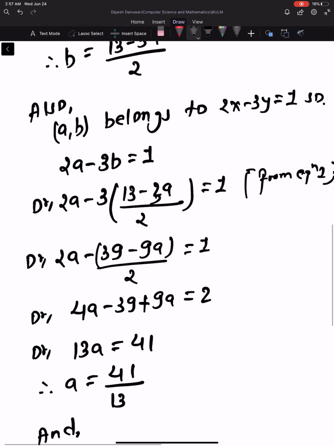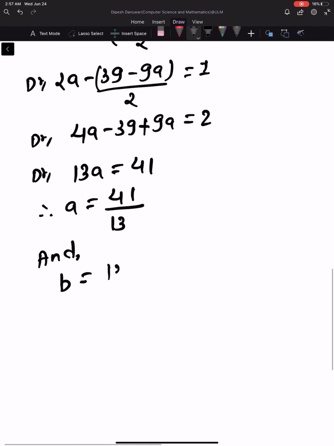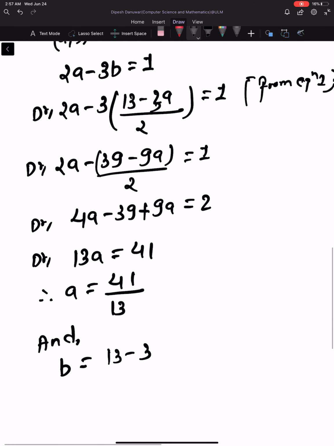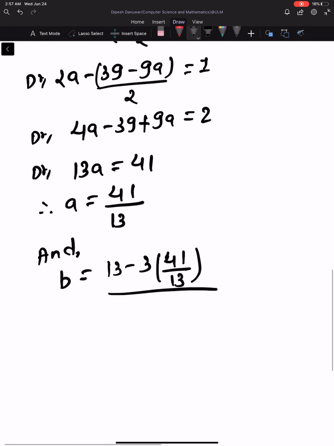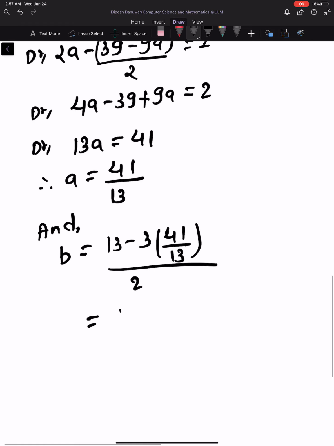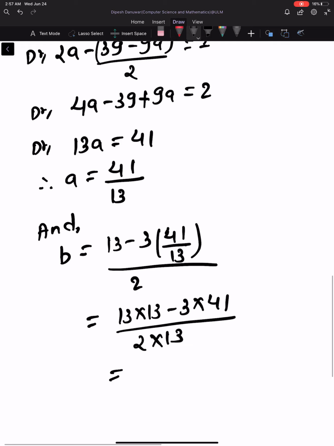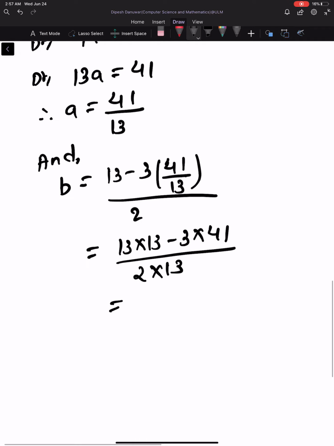Therefore a is equal to 41 by 13, and b is equal to (13 minus 3 times 41 by 13) by 2. That will be (13 times 13 minus 3 times 41) by (2 times 13). So 13 times 13 is 169, and 3 times 41 is 123.